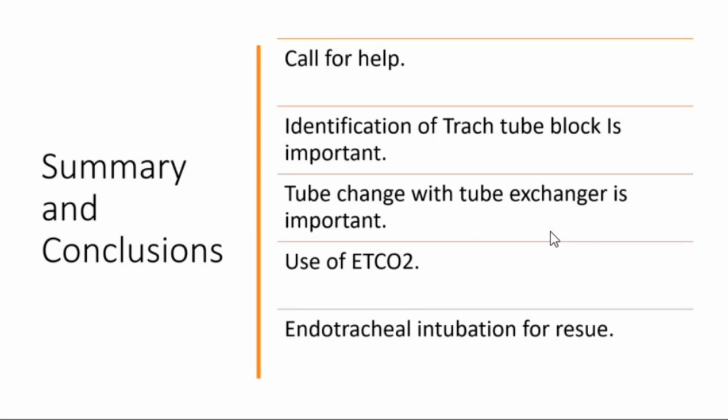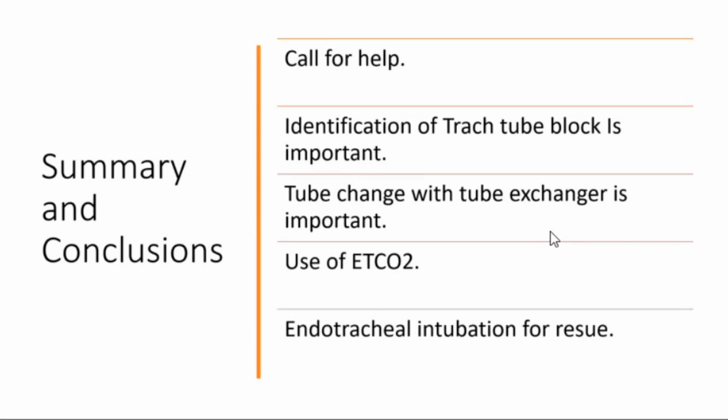Any role of these Combitubes? It was only in the ACLS question. No, we didn't see it used, and it is not mentioned anywhere. It's not in any of the algorithms. I think it is very rarely used.